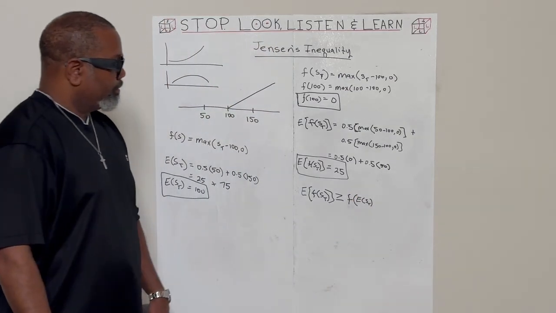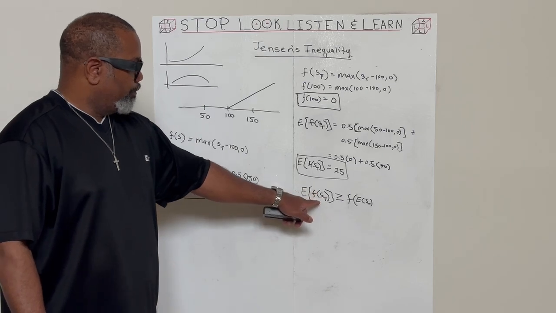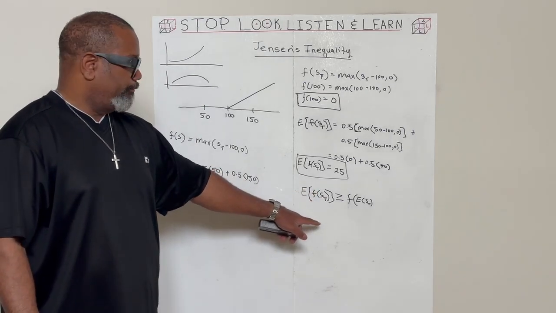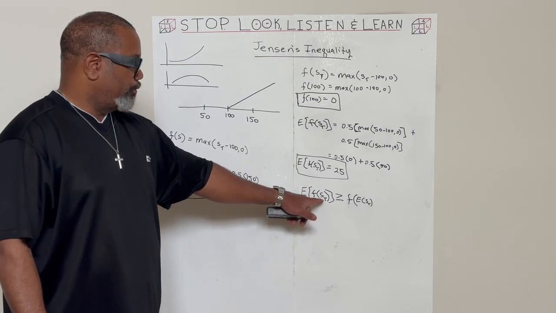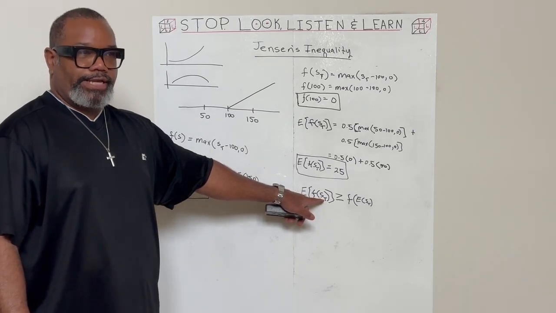So essentially what this is saying is you get multiple values for the function based on the values that this random variable t can take.